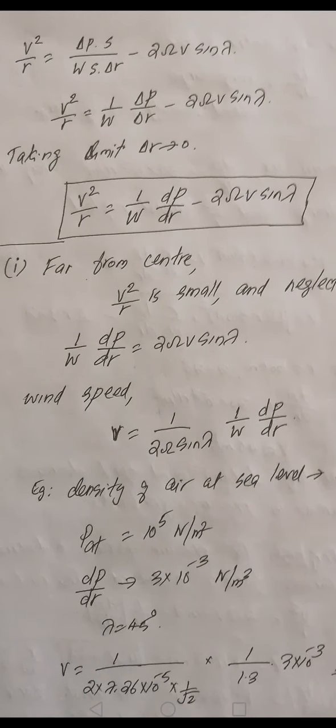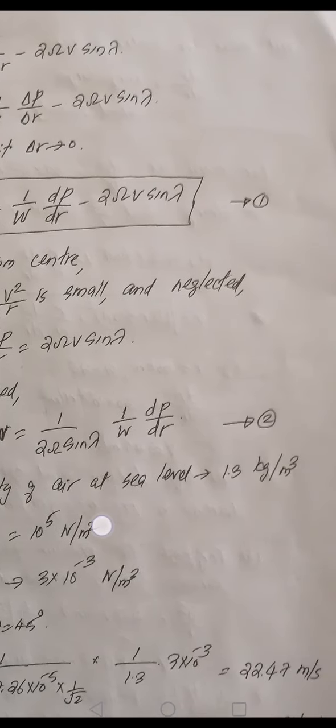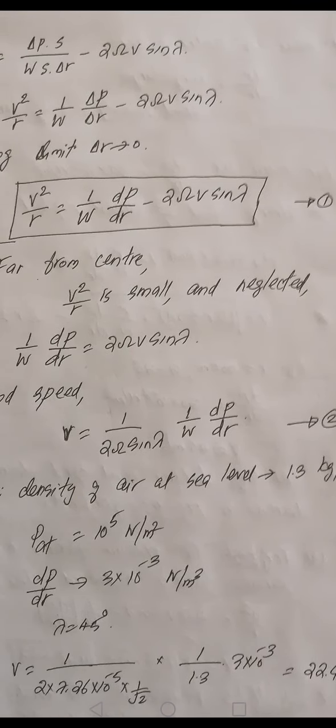Therefore equation 1 becomes 1 by w dp by dr is equal to 2 omega v sine lambda. From that, wind speed v is equal to 1 by 2 omega sine lambda times 1 by w dp by dr. Very important equation. That is the equation for a low pressure system when measured at a long distance.